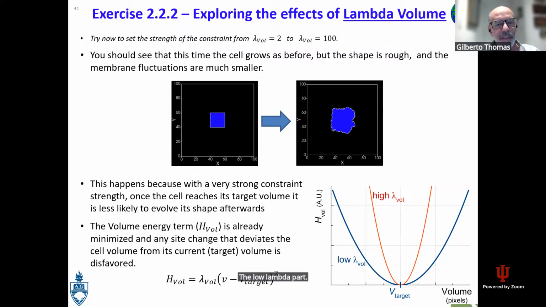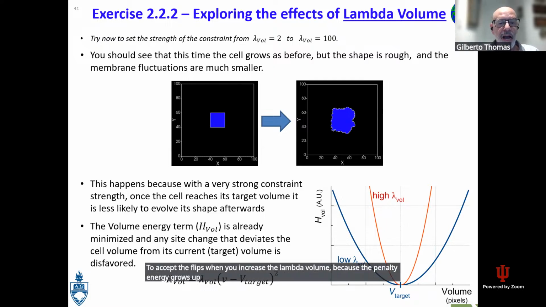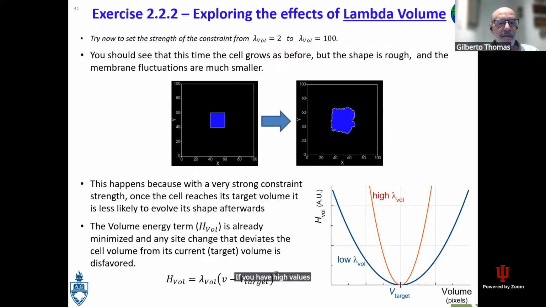So it's much more difficult to accept the flips when you increase the lambda volume, because the penalty energy grows if you have high values for that. Okay? So the cell freezes, doesn't change anymore.